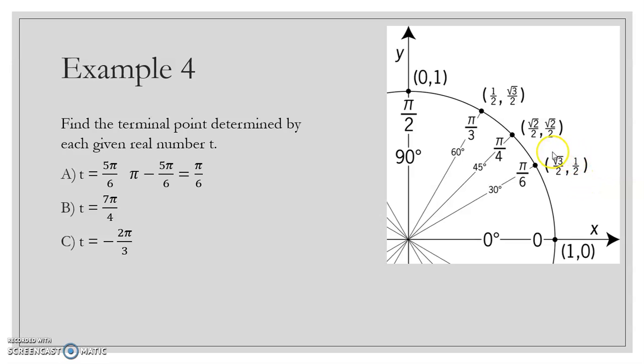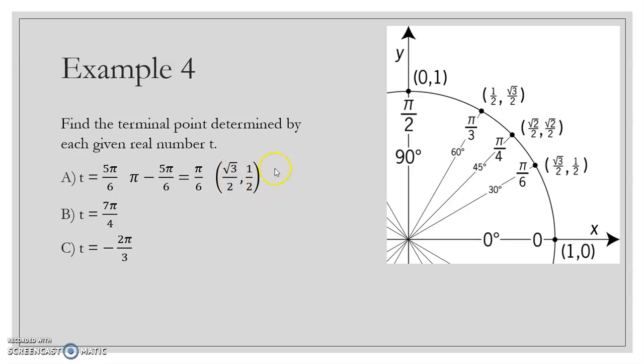I'll take the ordered pair from first quadrant, square root 3 over 2, 1/2. Then I have to remember I'm in quadrant 2. So in quadrant 2, x is negative and y is positive. So right here, I'm going to make my x value negative and keep my y value positive. This is my final answer.